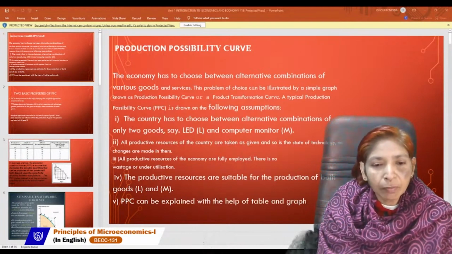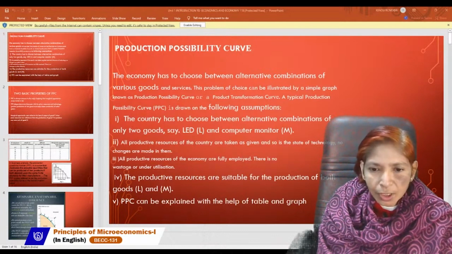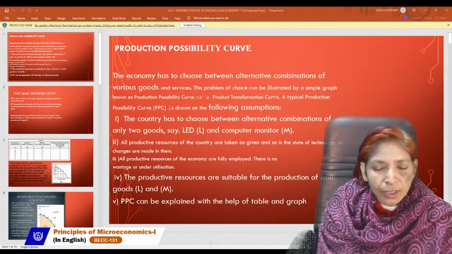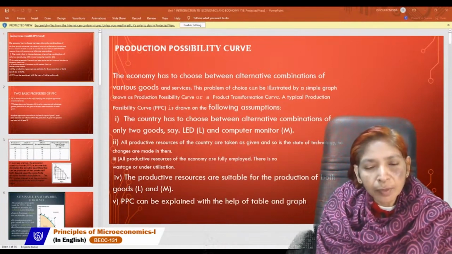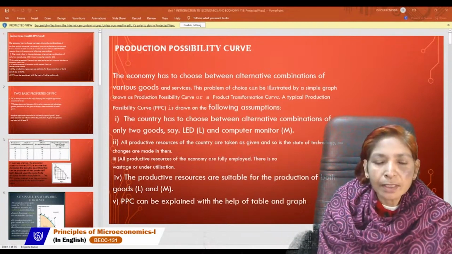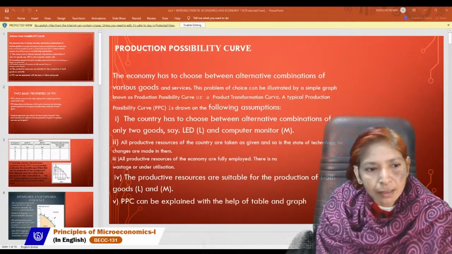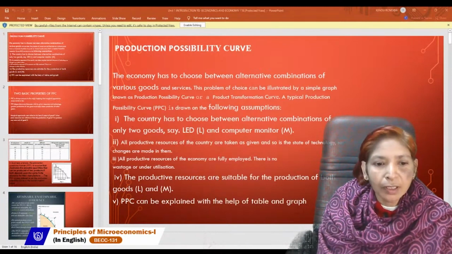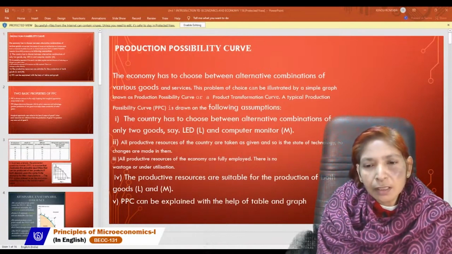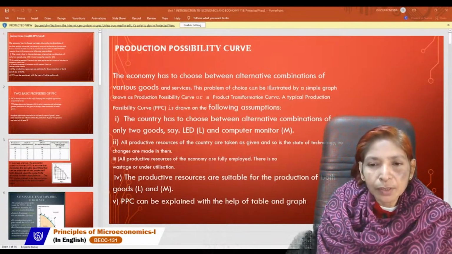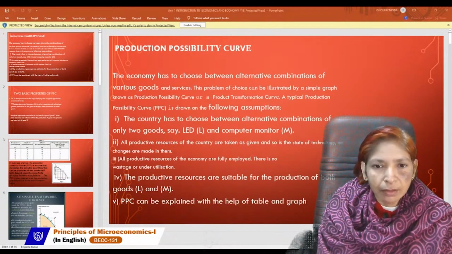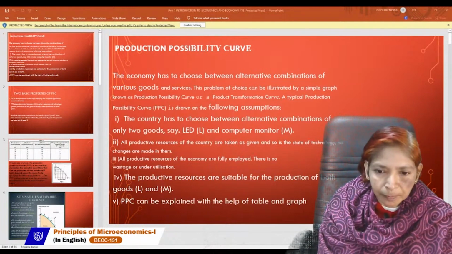Initially, we must use the four factors of production: land, labor, capital, entrepreneur. Without using these primary factors, we can't produce any type of goods and services. So the production possibility curve illustrates the possible quantities that can be produced with the help of given resources and given technology. The PPC curve is also known as production possibility boundary, production possibility frontier or transformation curve.